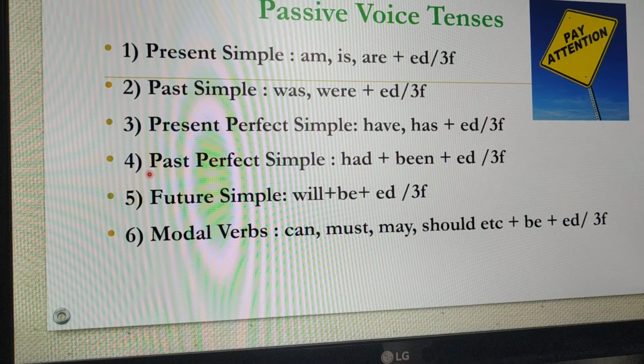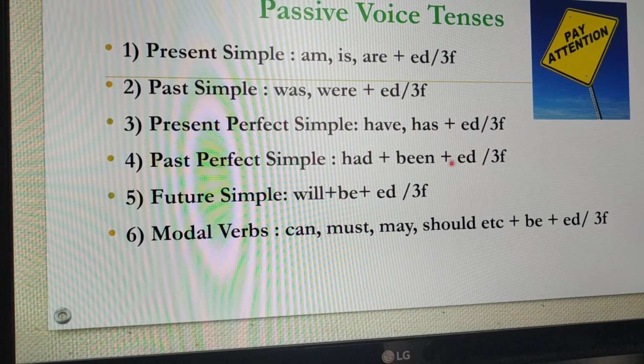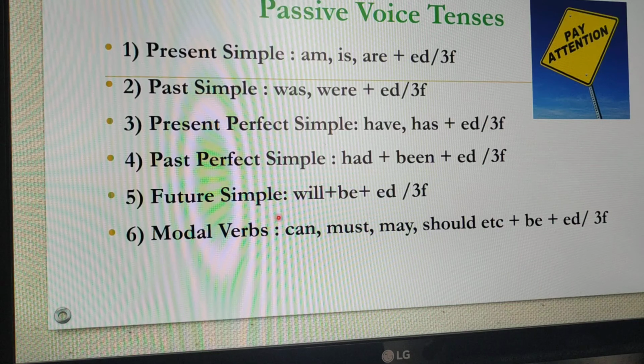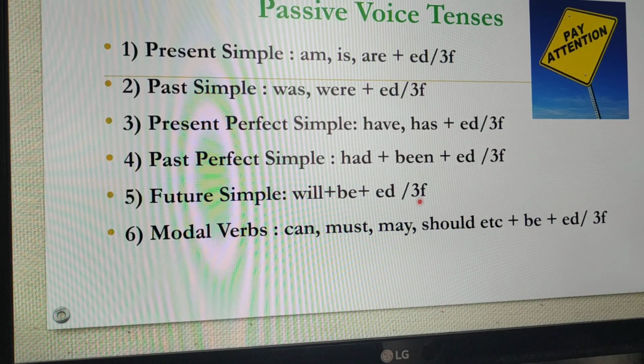The fourth, past perfect simple, and its formula: had plus been plus the ending ed for the regular verbs, and the third form for the irregular ones. The fifth is future simple, and its formula: will plus be plus ed for the regular verbs, and the third form for the irregular ones.